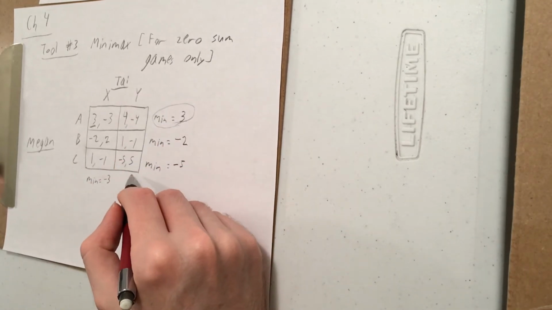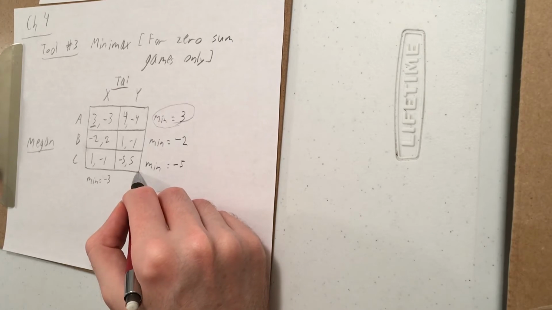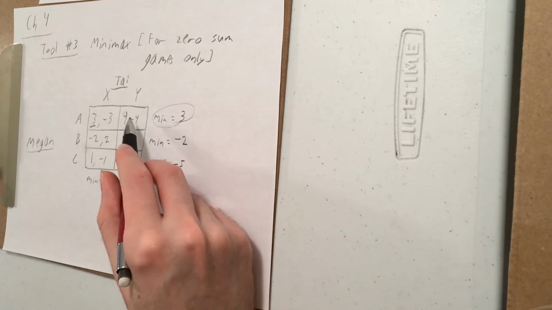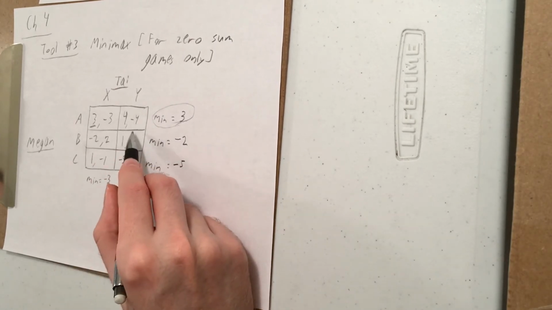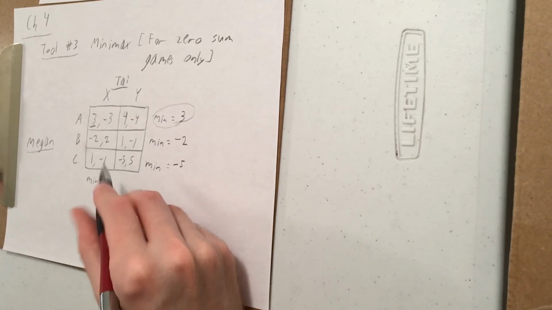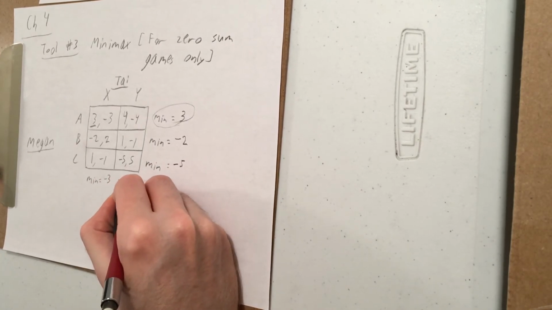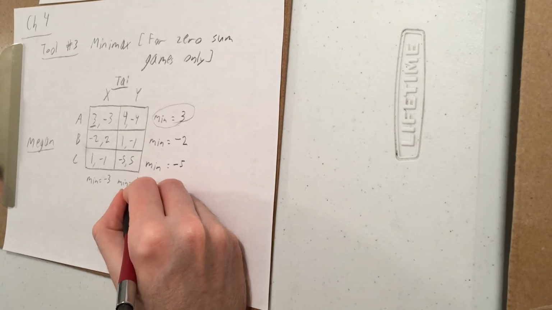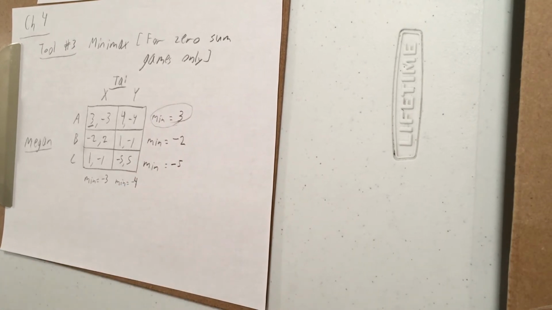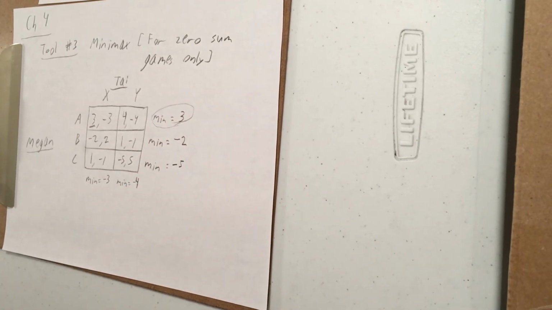If Ty plays Y, what's his worst case scenario? That's the -4, because that's worse than -1 and worse than +5. So now we've found all of Ty's worst case scenarios.